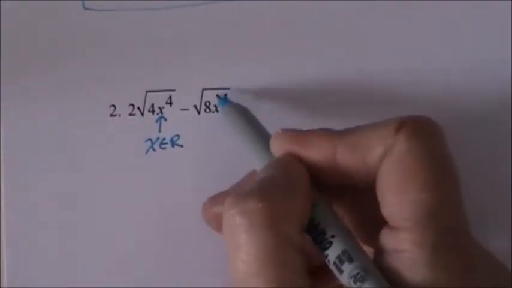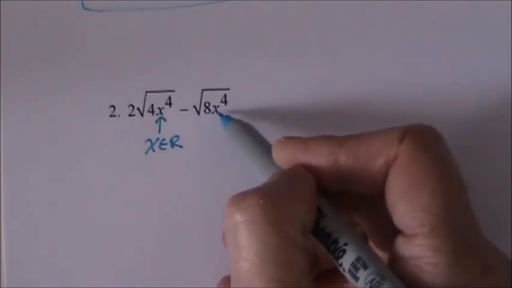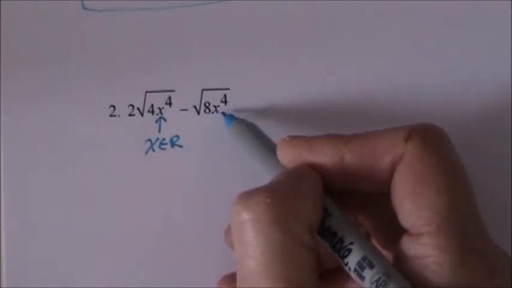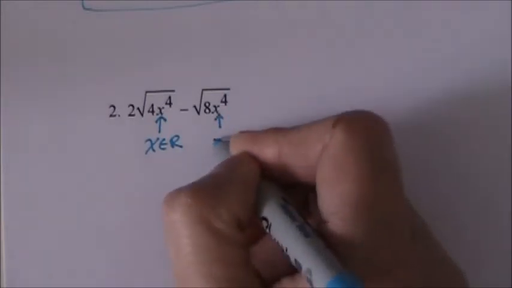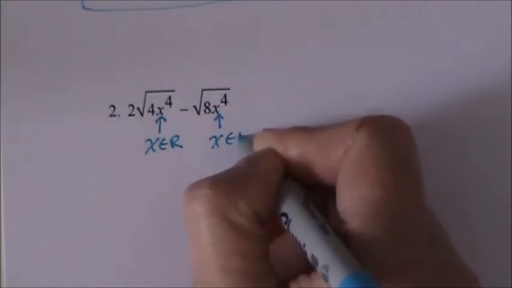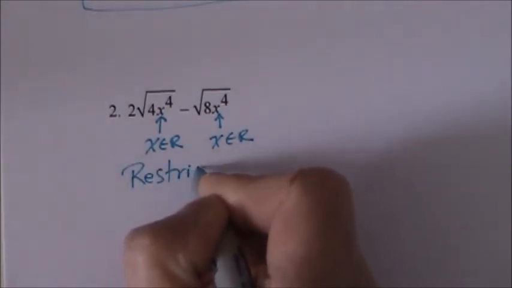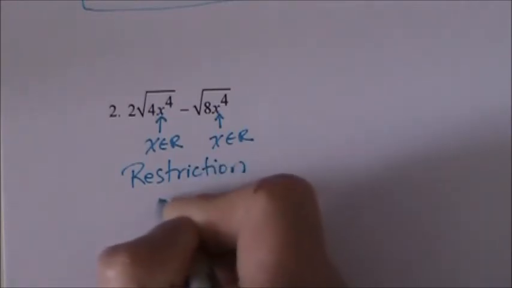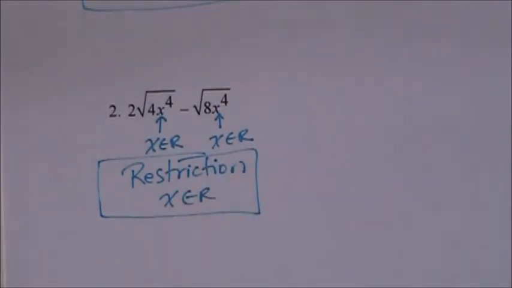As we go to look at this x, we have the same idea happening here. 4 x's, 4 positive values would get us a positive. 4 negatives would get us a positive. So this would be x is all real numbers. So as I look at my restrictions, they're the same. So we're looking at x is all real numbers.